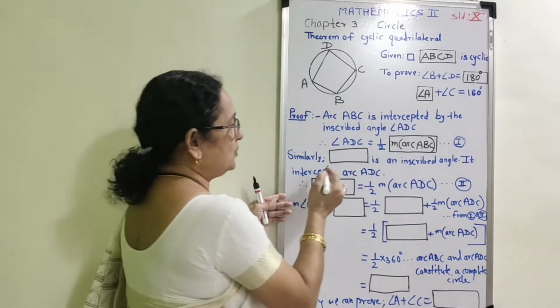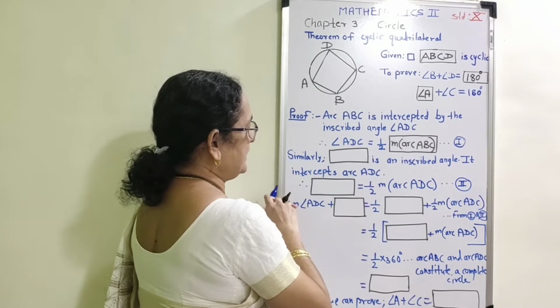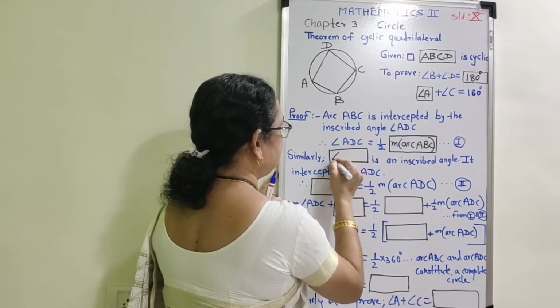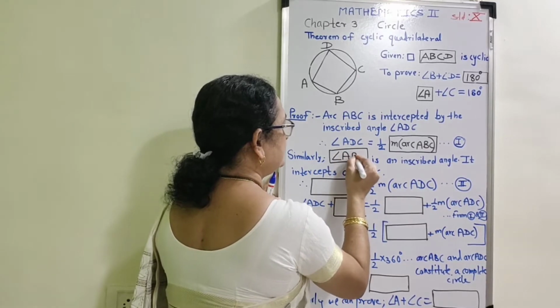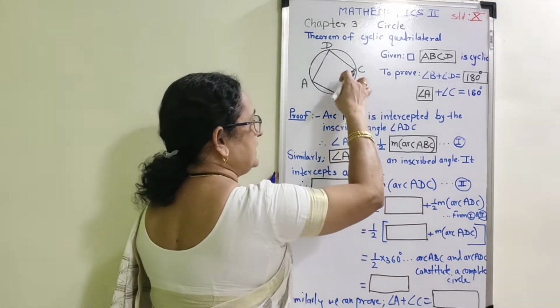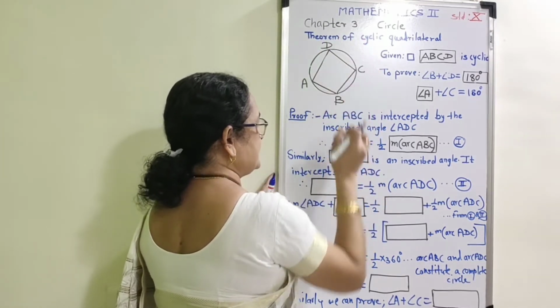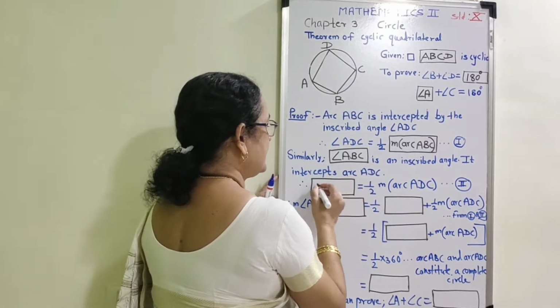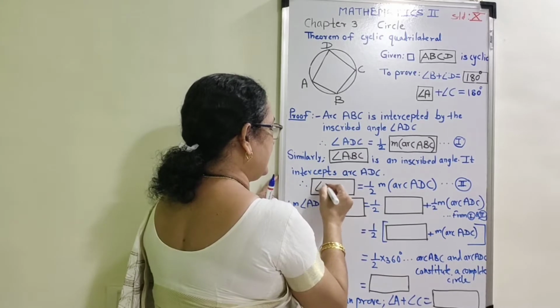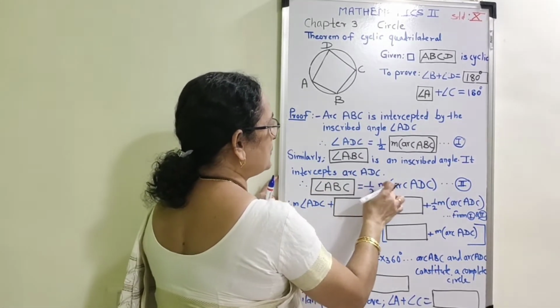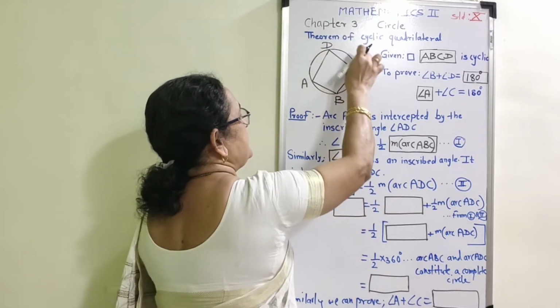Similarly, now we take the second angle, angle ABC, which is an inscribed angle and it intercepts arc ADC. Therefore angle ABC is equal to half of the measure of arc ADC.